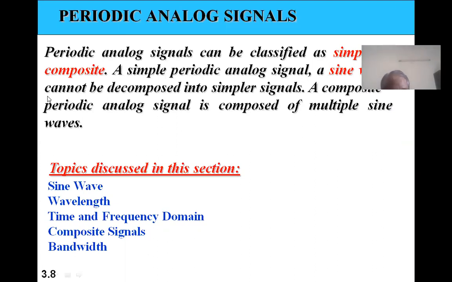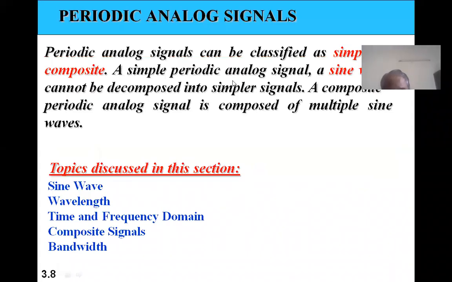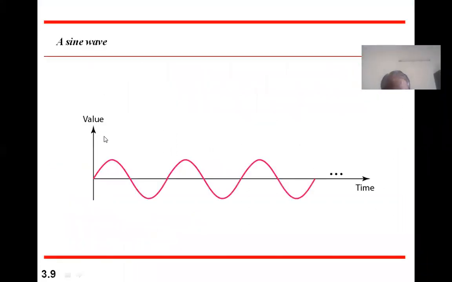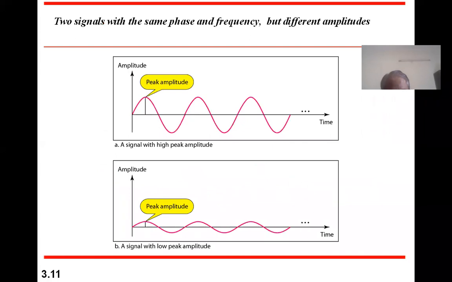It cannot be decomposed into a simpler signal. A composite periodic analog signal is composed of multiple sine waves. When you say composite, this is a simple sine wave, right?